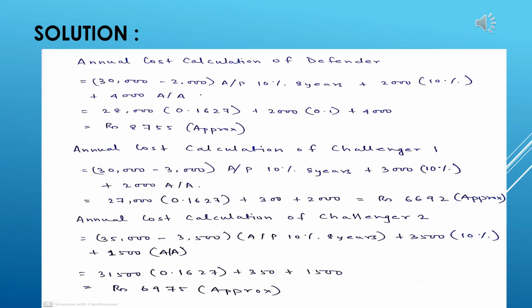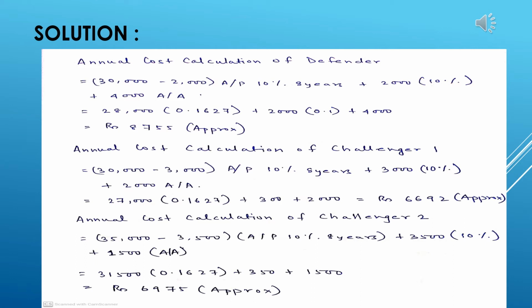I have taken that entire figure of 28,000 to be present worth, because that is the initial term from which the calculation is starting, so it is transferred from present worth into annual worth, taking into consideration 10% and 8 years.